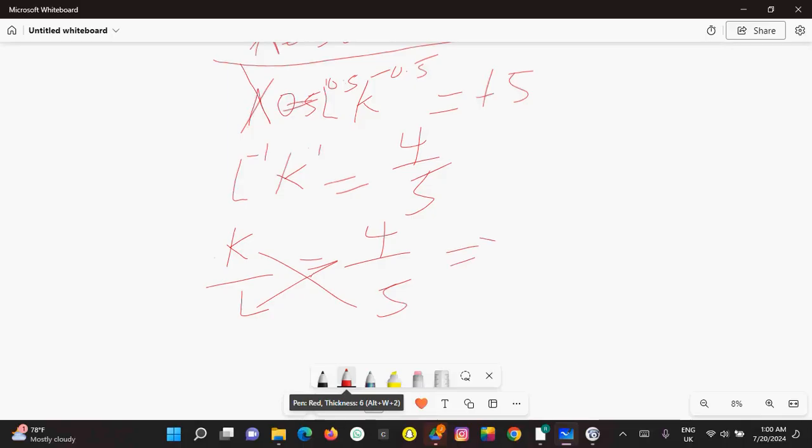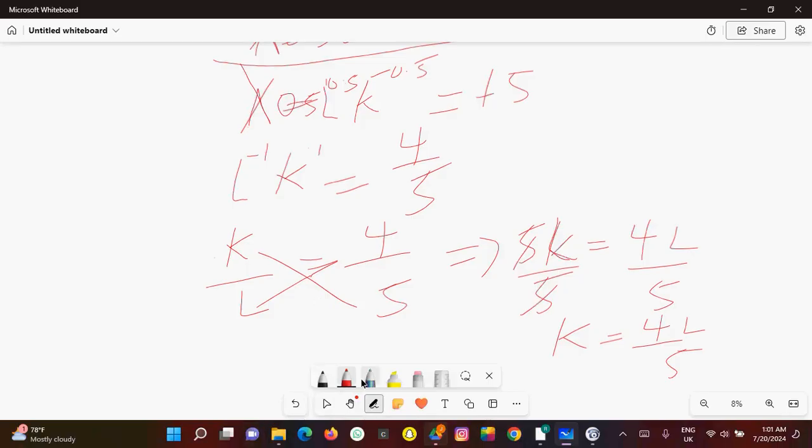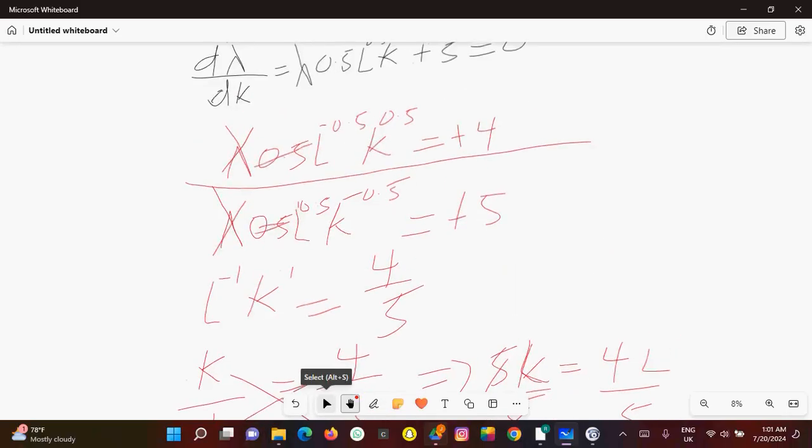It will be equal to 5 T is equal to 4L. If you want to make K the subject, over 5/5, K is equal to 4L/5. That is Lagrange. So you see, for me, Lagrange makes the thing simpler.